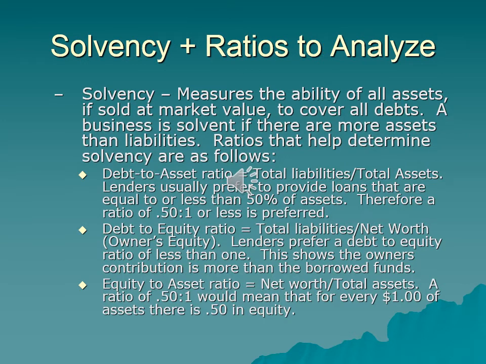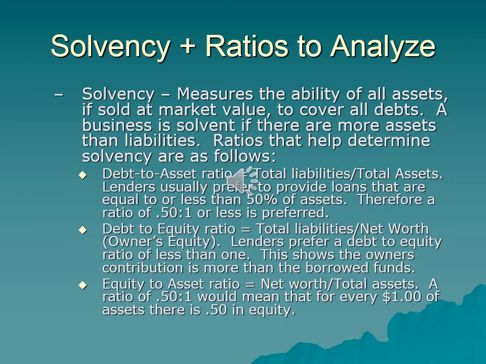Solvency plus ratios to analyze. Solvency measures the ability of all assets, if sold at market value, to cover all debts. A business is solvent if there are more assets than liabilities.